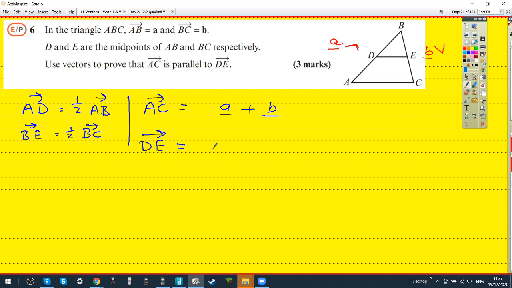And D to E would be half A plus half... Oh no, half B. Sorry. Yeah. We want to show that they're parallel. Did you factorize? Yep.